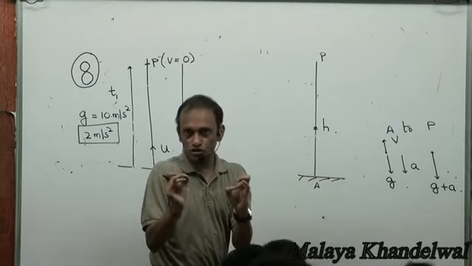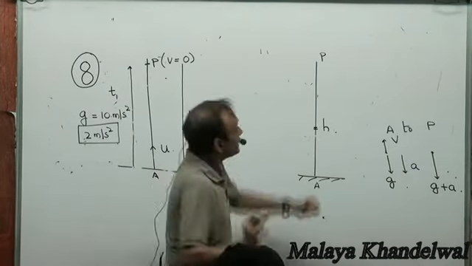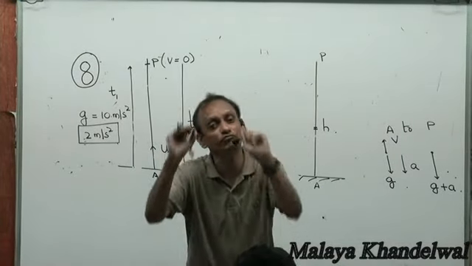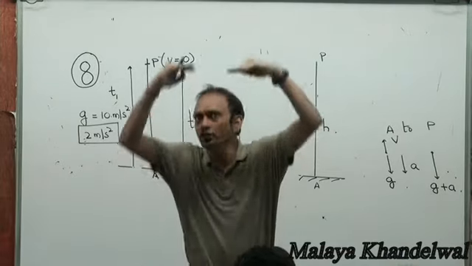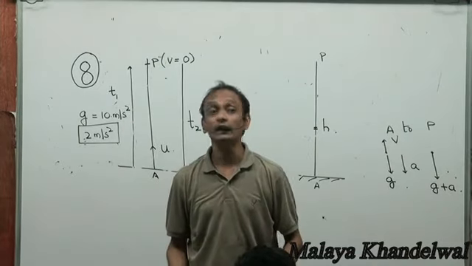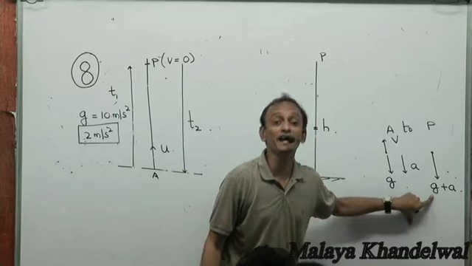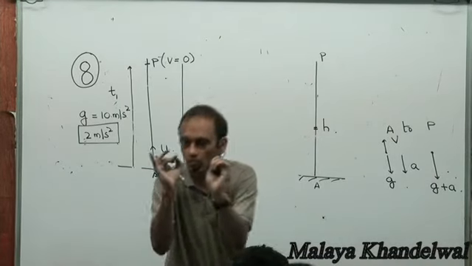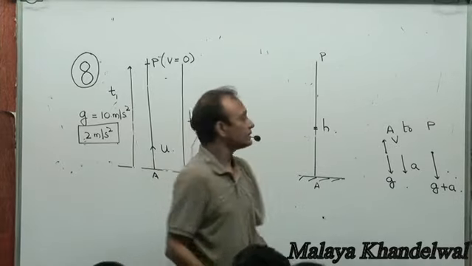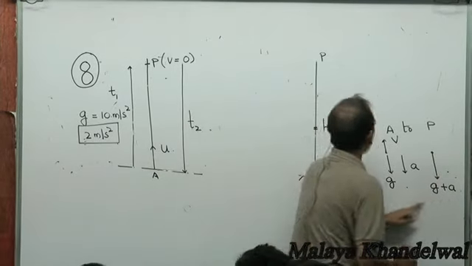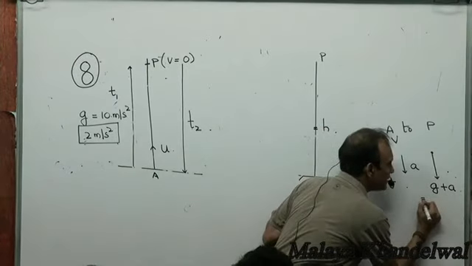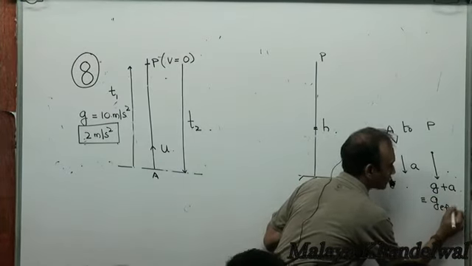and suppose even during the downward journey from P to A, that is not happening, but for a moment imagine that even during the downward journey from P to A, the acceleration is g plus A downwards. Just imagine, only for a little while, that the particle goes from A to P and P to A with this being g effective all the time.